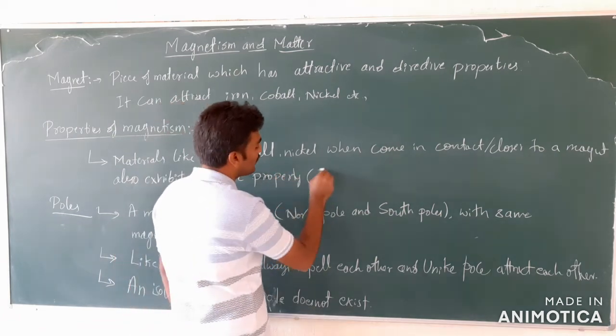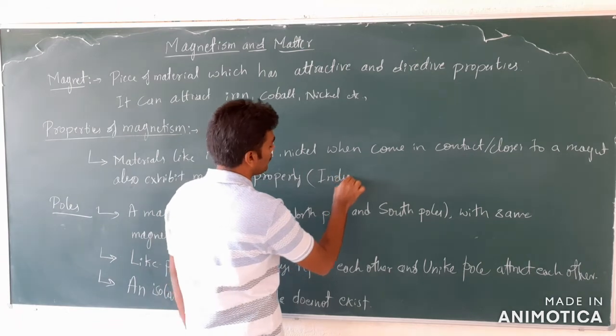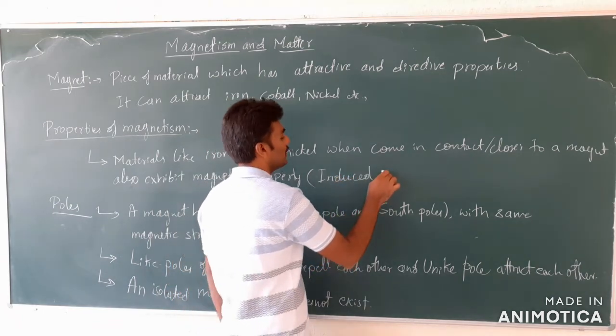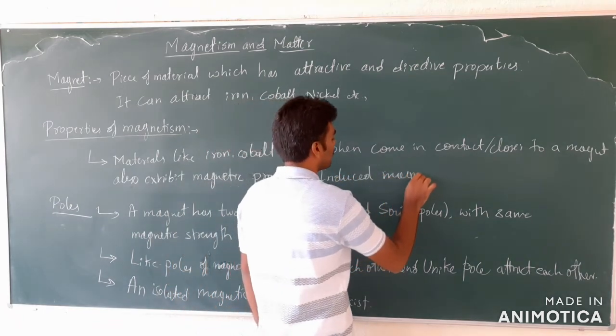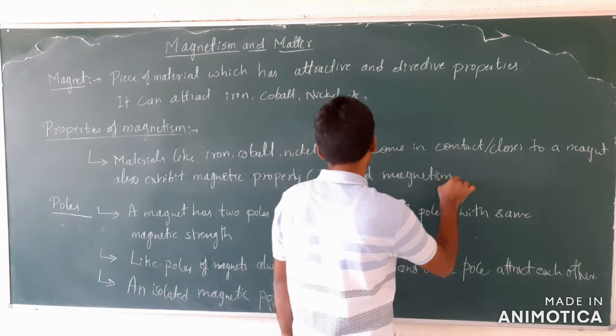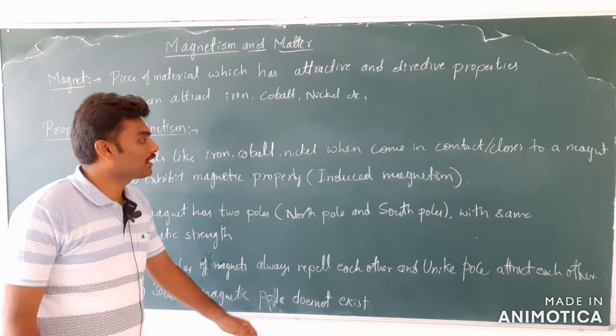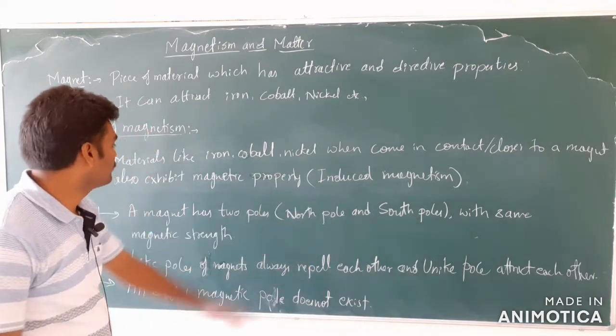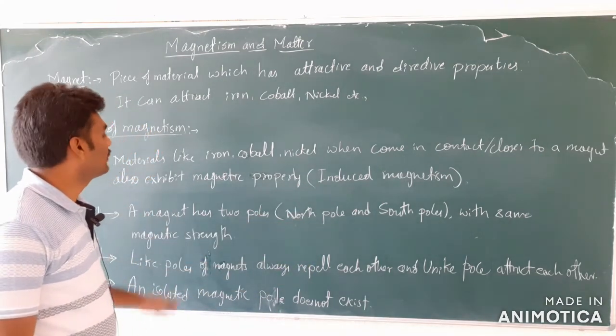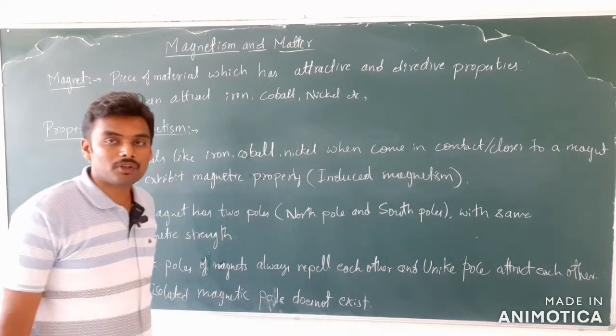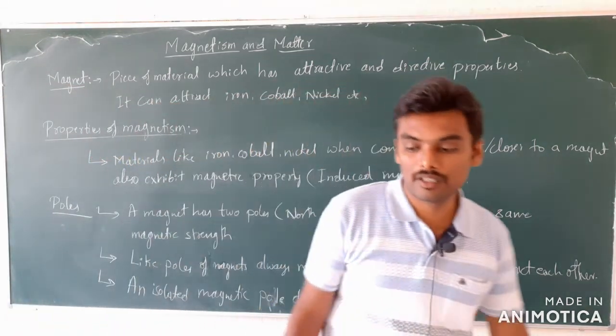This phenomenon is called induced magnetism. Okay, induced magnetism. So if the question is what is induced magnetism, you can write this: materials like iron, cobalt, nickel, when they come in contact or closer to magnets, also exhibit magnetic property, and this phenomenon is called induced magnetism.